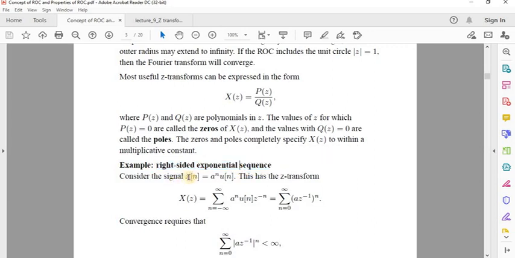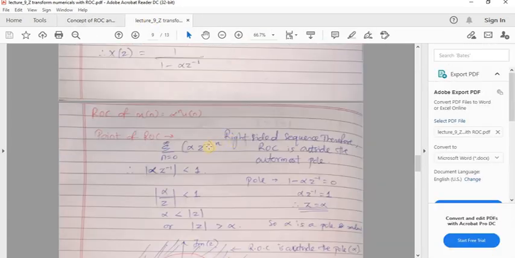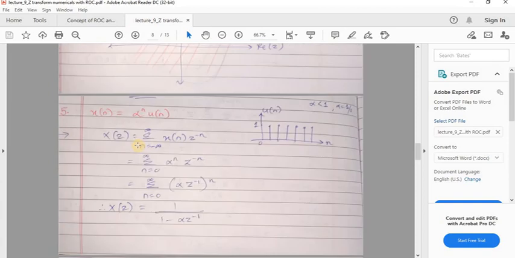We have already seen this example, a to the power n u of n. I'll show you the example: x of n equals a to the power n u of n. This PDF is different. It is designed for this lecture, and in the earlier PDF there was only the solution of the Z transform, with no solution of the region of convergence.